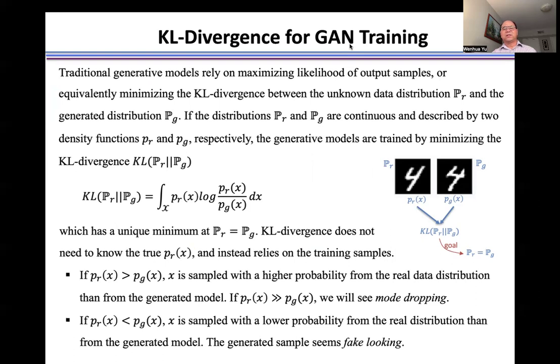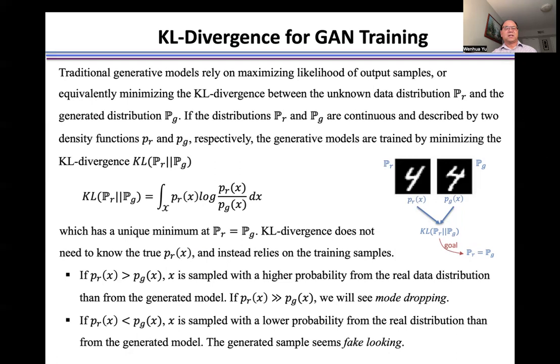If the distributions PR and PG are continuous and described by two density functions PR and PG, respectively, the generative models are trained by minimizing the KL-Divergence, which is the integral of PR times log of PR over PG over the domain X, which has a unique minimum at PR equal to PG.